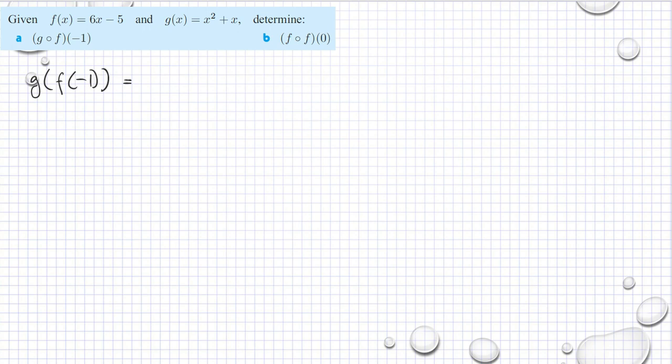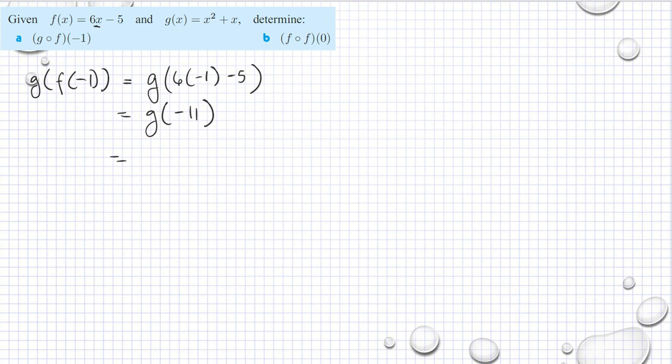We have now our f of negative 1, so 6 times negative 1 minus 5. That's negative 6 minus 5, which is negative 11.